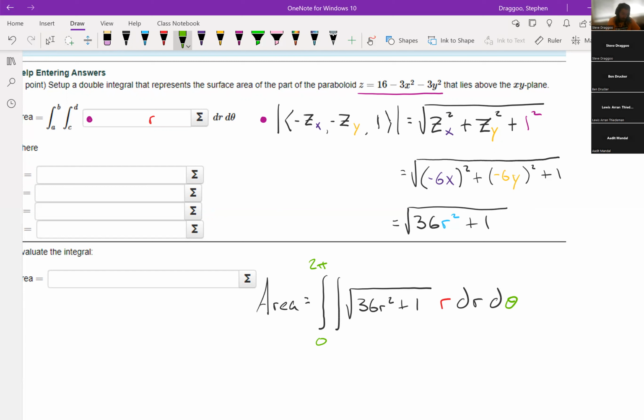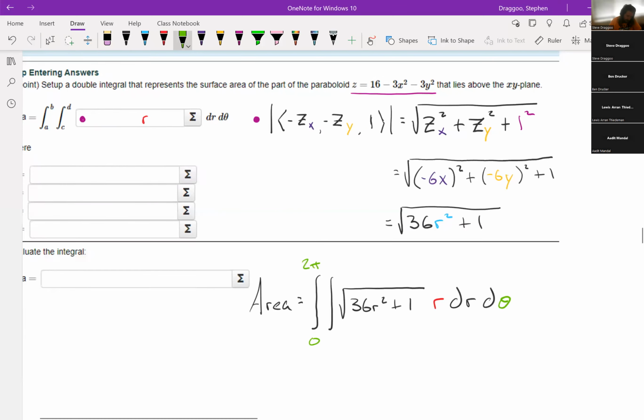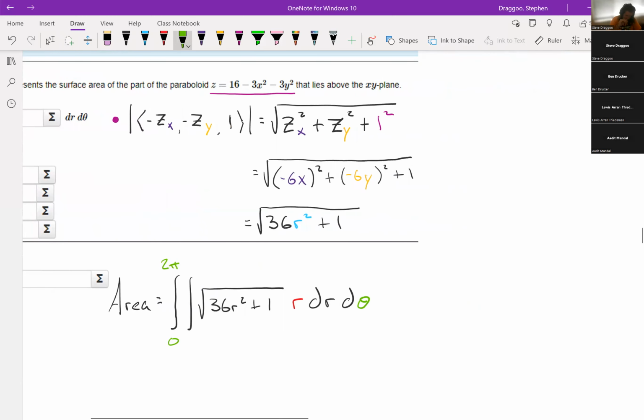The place where we need to stop is the xy plane. So I'll need to look at the projection of my paraboloid down into that xy plane, which, as it turns out, is just going to be when z is equal to 0. So I'll want 0 equals 16 minus 3r squared. Yeah, I can do it in blue, that's fine.